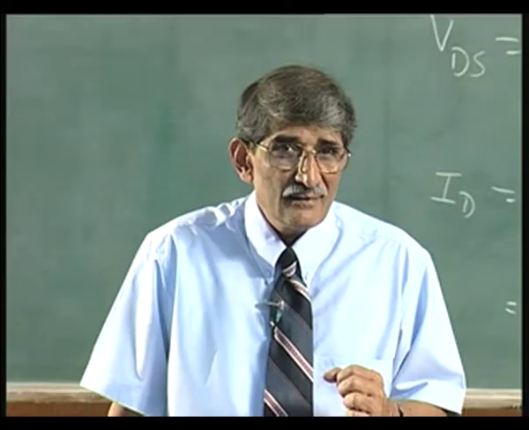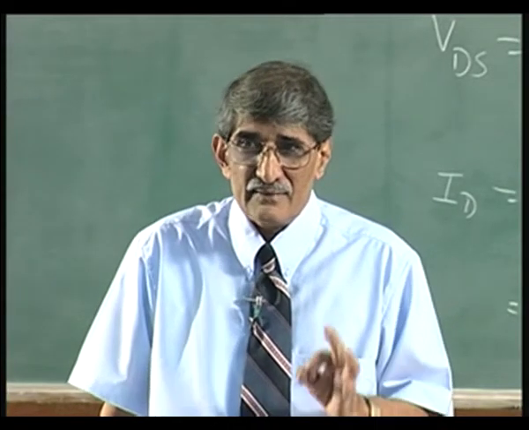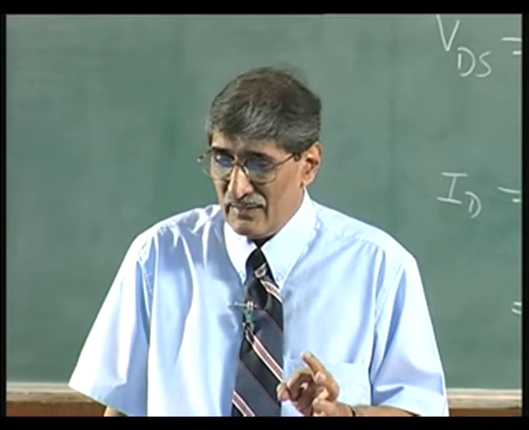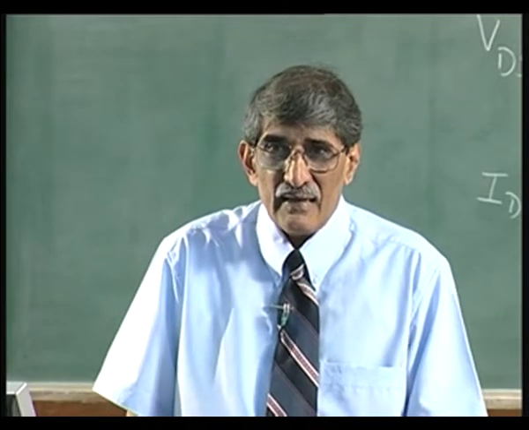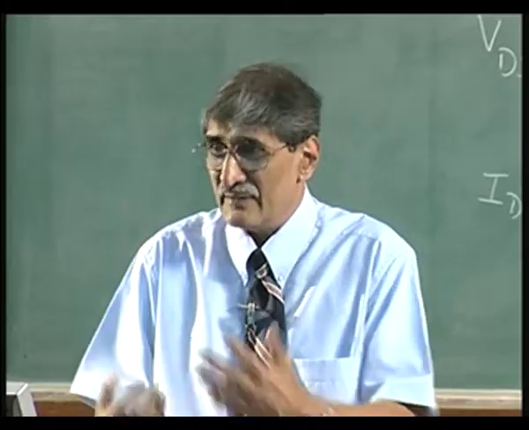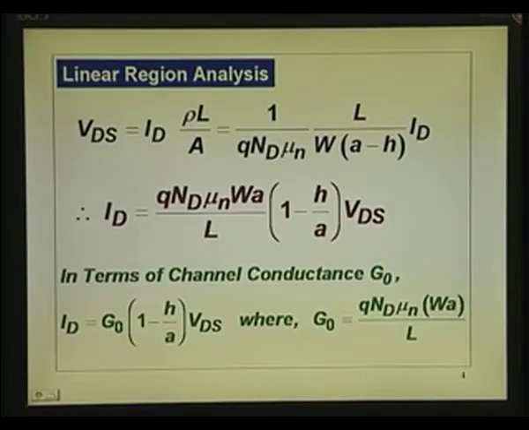H is a constant for a given V G S. So, the whole thing is a constant for a given V G S. So, you will get a characteristic I D proportional to V D S for a given V G S, and I can get similar characteristics by varying V G S. Now, instead of writing A, it becomes easier to define a term called pinch off voltage.